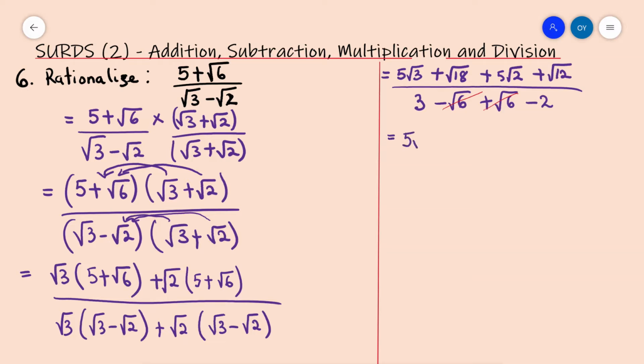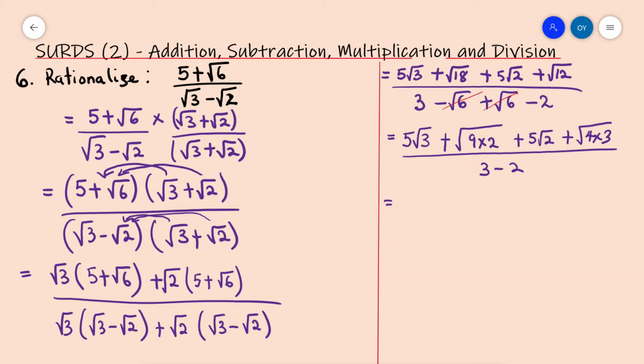Okay, so now we have 5 root 3 plus, what's the perfect square in 18? That is 9. So that will be square root of 9 times 2, then plus 5 root 2 plus, there's a perfect square in the factors of 12, and that is 4. So that will be square root of 4 times 3. Then all divided by 3 minus 2.